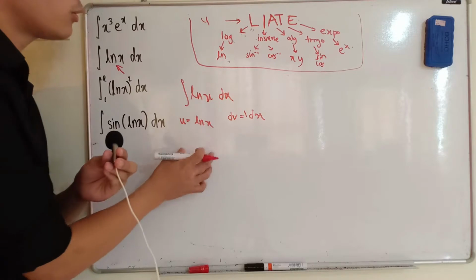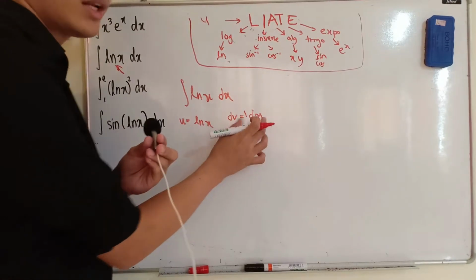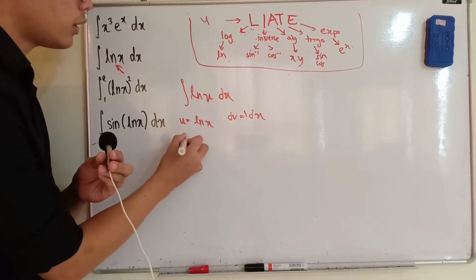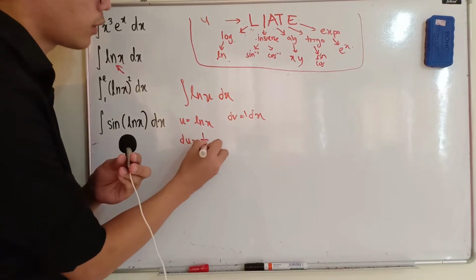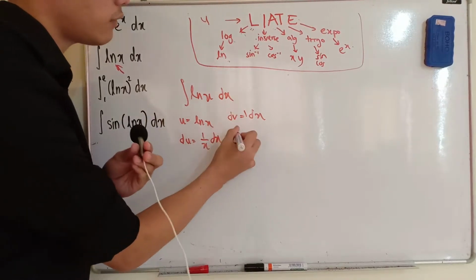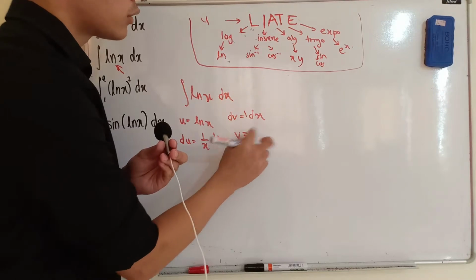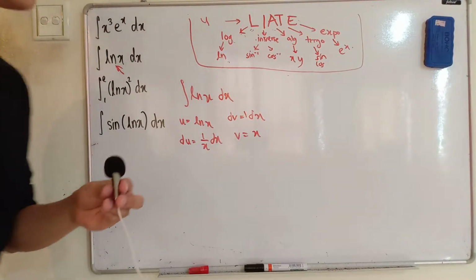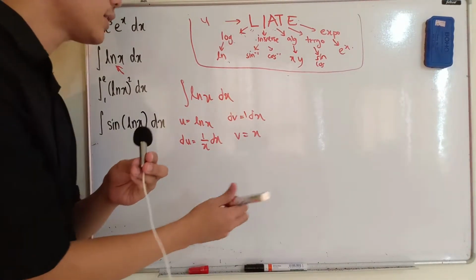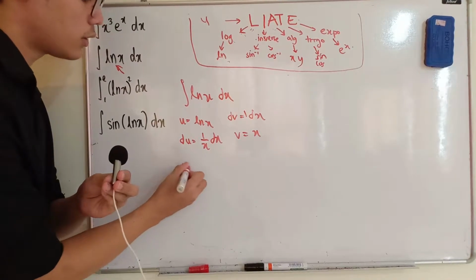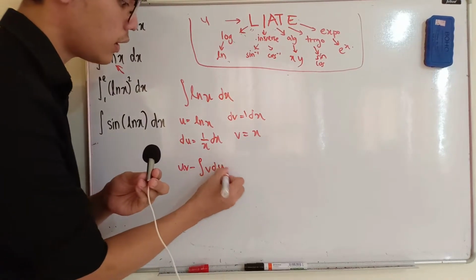Okay, so now what you're going to do, you're going to differentiate this one. You're going to integrate your dv. So you differentiate your u, du is 1 over s ds, integrate your dv, v equals s over here. Okay, so now what you're going to do after that, the second step we're going to use the formula. So uv minus integrate v du.